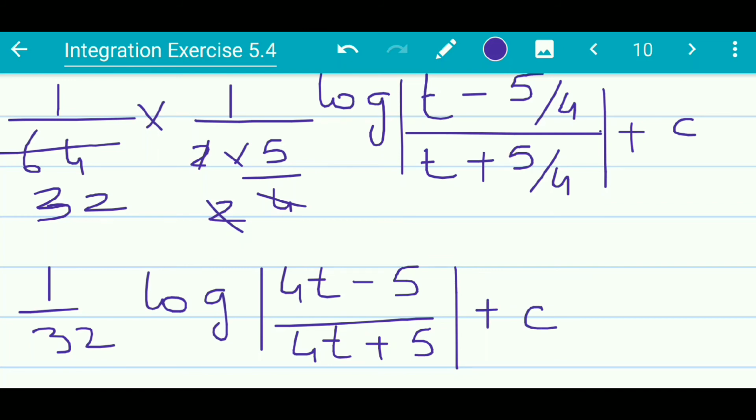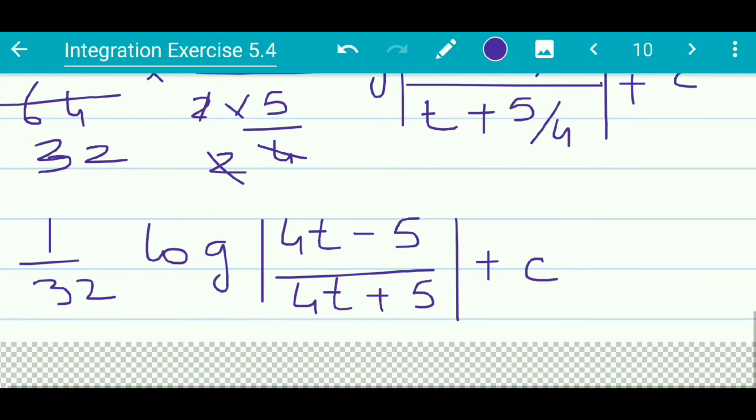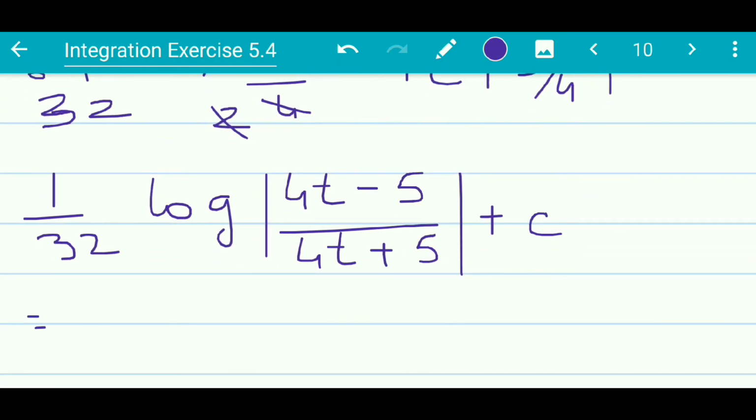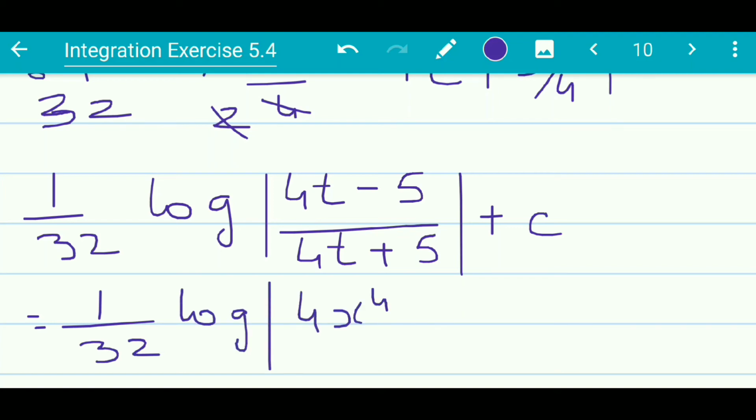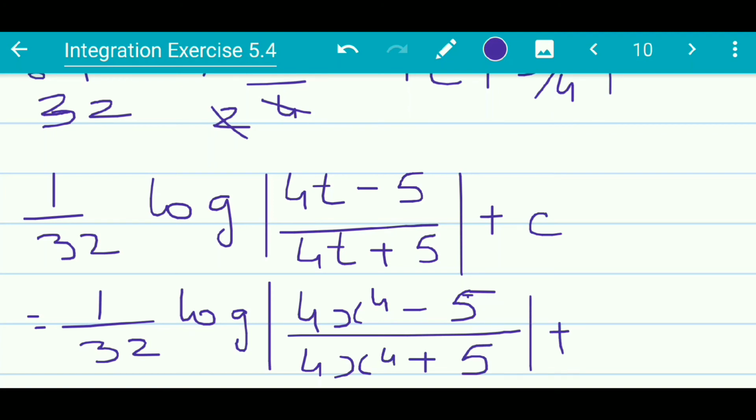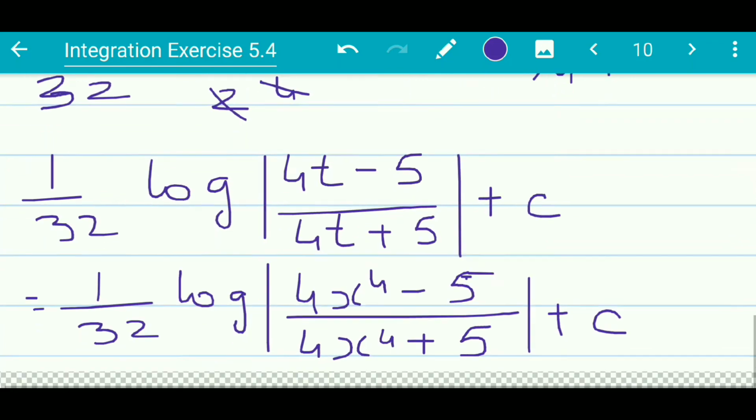Now t was actually x raised to 4. We have substituted t as x raised to 4. So the final answer is 1 upon 32 log mod of 4x raised to 4 minus 5 upon 4x raised to 4 plus 5 plus c. So this becomes our final answer.